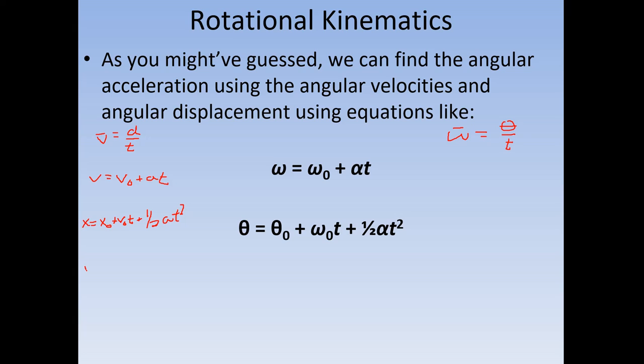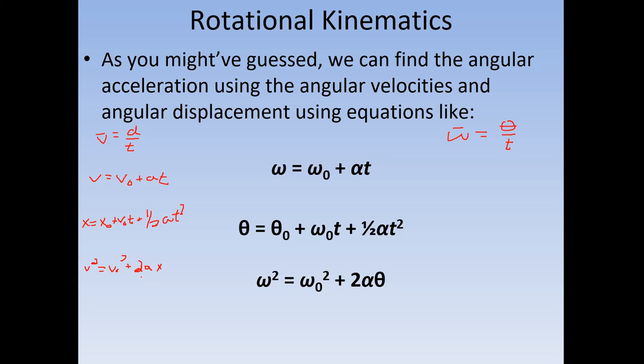And then the last equation we had was v squared equals v naught squared plus 2a. I'm just going to write it as ax, because if you recall, technically it had x minus x naught, but x naught's always 0. So I typically always write it like this: v squared equals v naught squared plus 2ax. Same thing that we did before, and we get this other timeless angular equation.